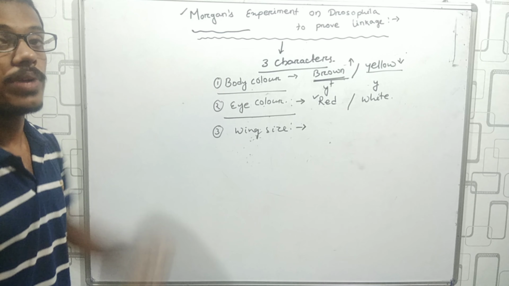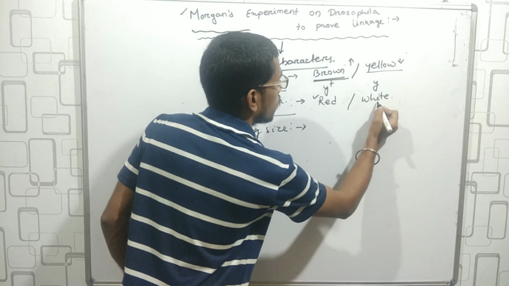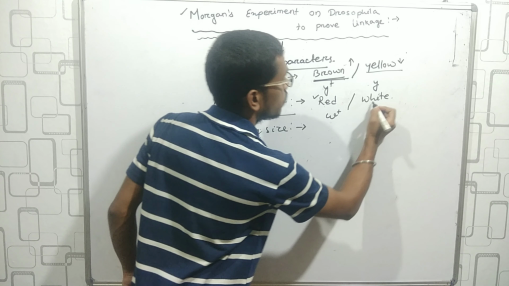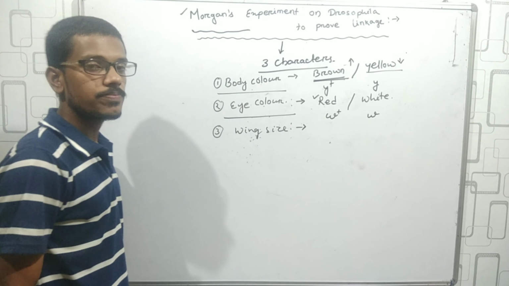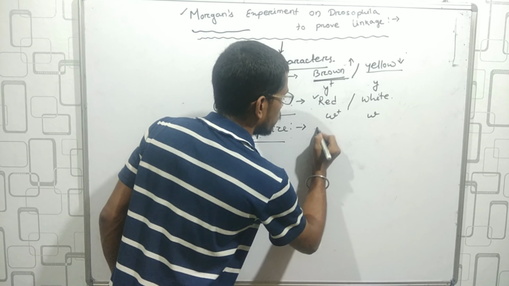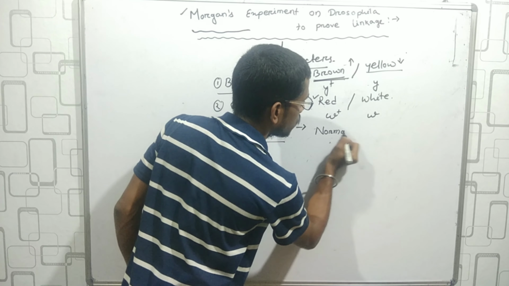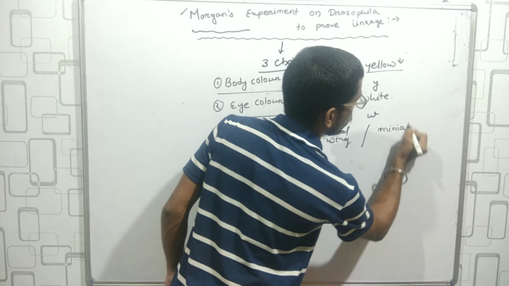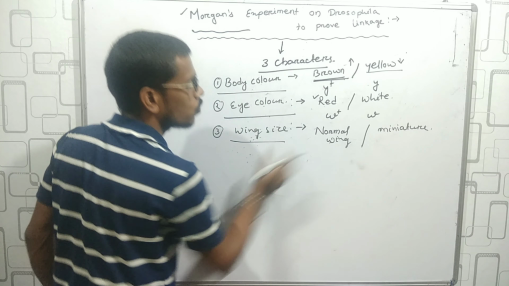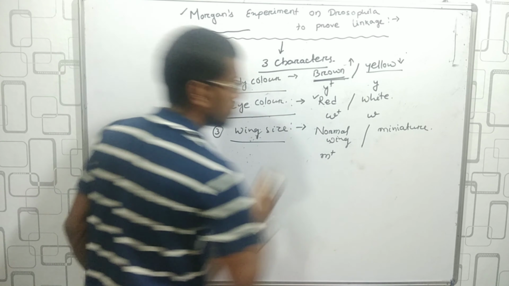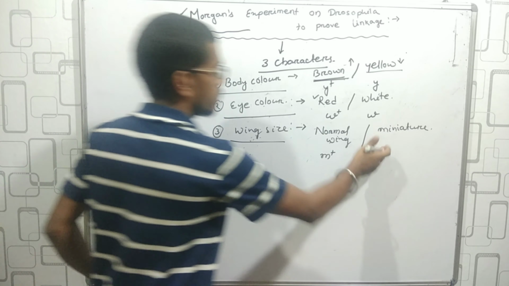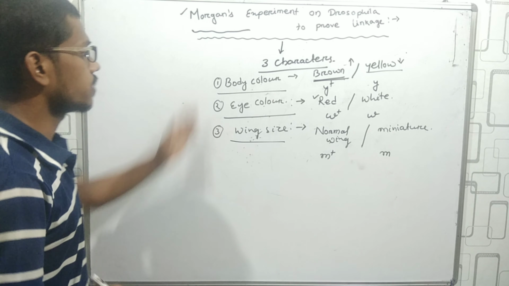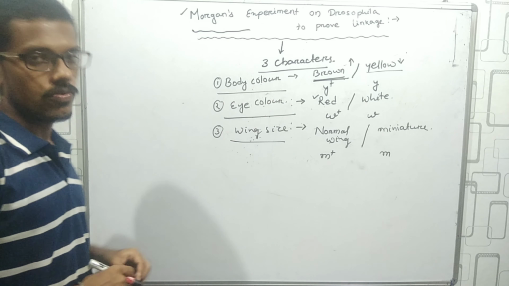Red is the dominant, so small w plus represents red and small w represents white. For wing size, there are two: the normal wing and the miniature or very small wing. The normal is dominant and the miniature is recessive, so he took the normal wing as m plus and the miniature as small m. These are the symbols used by Morgan and the characters selected for his experiment.